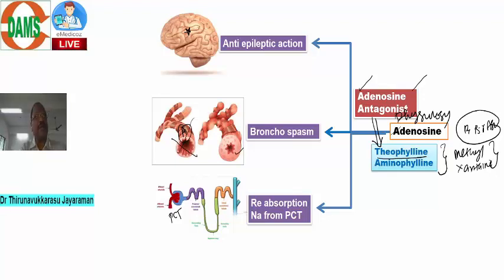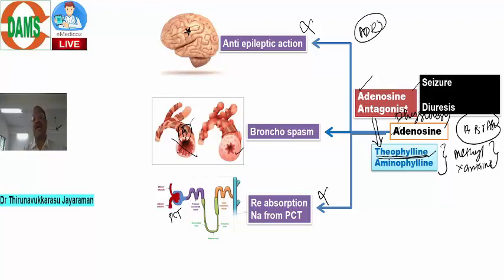But question: when a patient has taken an overdose of theophylline, in overdose, theophylline blocks the adenosine action in the brain, as well as blocking adenosine action in the kidney, thereby causing the adverse effects of seizure and diuresis. So it's important. Theophylline causes the adverse effects of seizure and diuresis because of what mechanism?